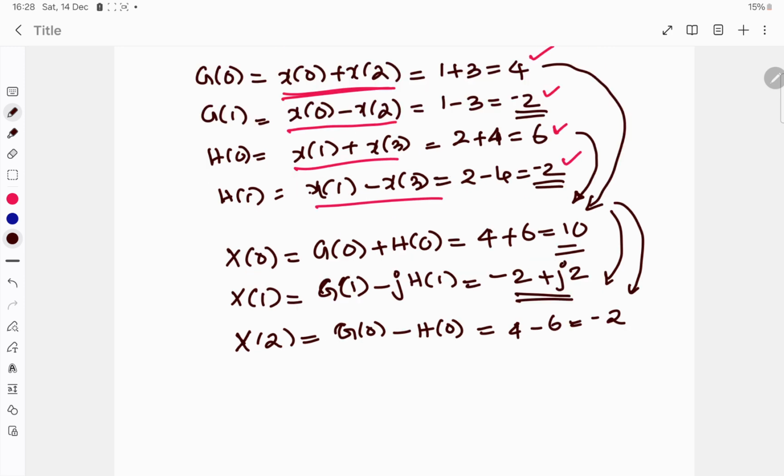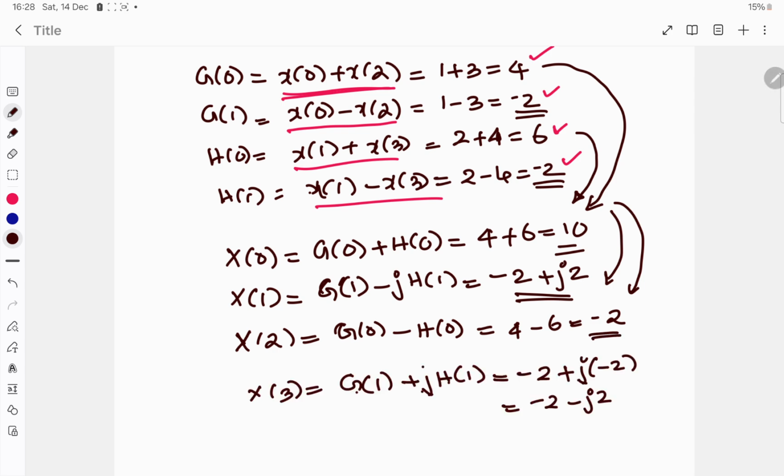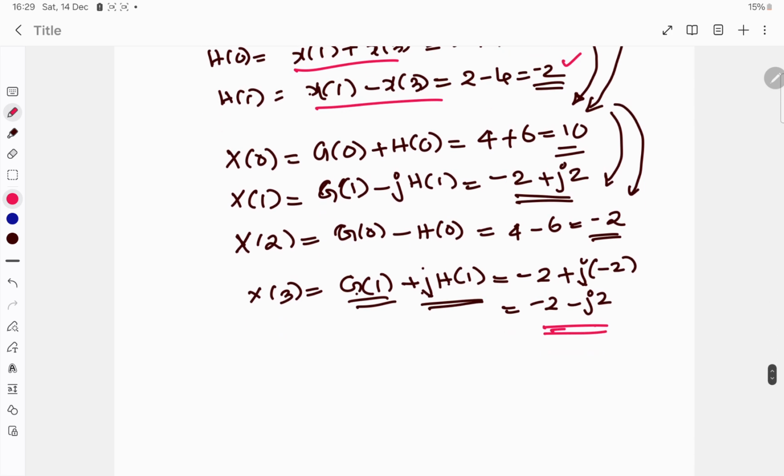We can find the value of x of 2 is equal to G of 0 minus H of 0, which is 4 minus 6, which is minus 2. Now we can find the value of x of 3, which is G of 1 plus j into H of 1, and the value of H of 1 is minus 2, so this will give you a result minus 2 minus 2j.